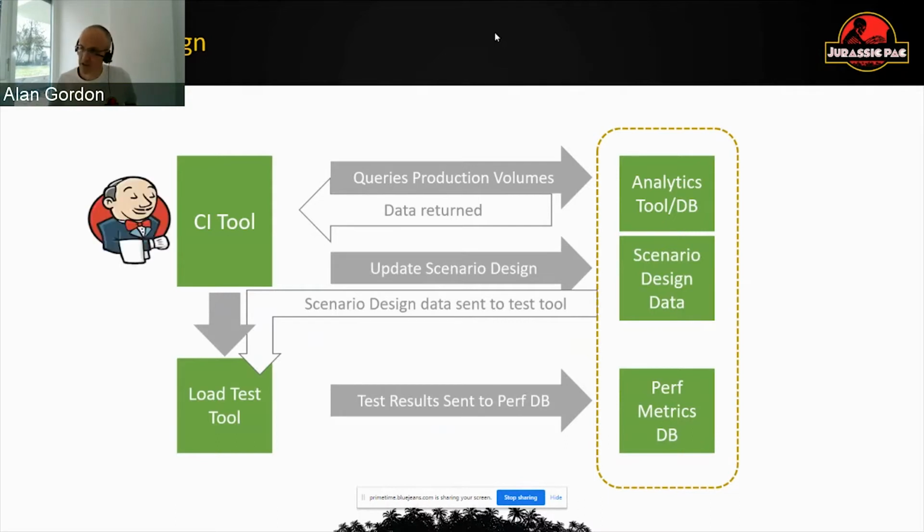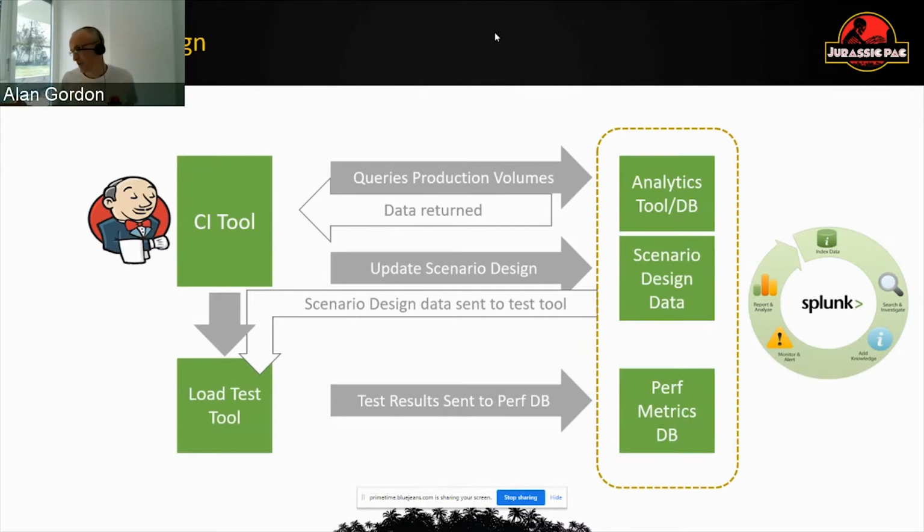But for CI tool, we chose the ubiquitous Jenkins, and on the right-hand side, we are using Splunk because it was there in the projects that we are working in. These two tools are available, so that's an obvious driver. And Splunk is a natural choice in that it's a very good tool for everything to do with data.